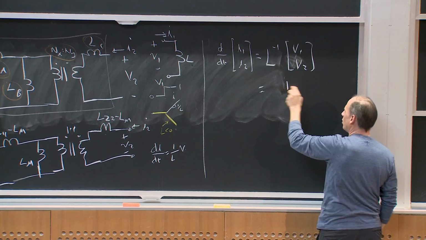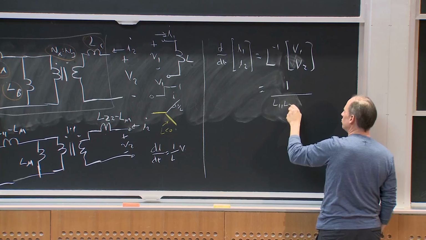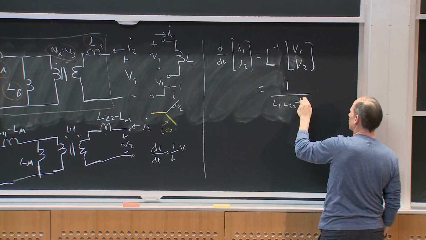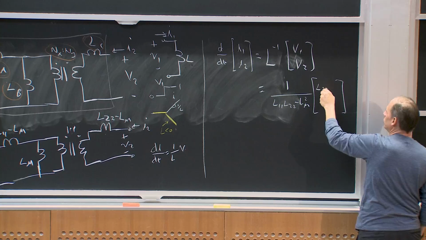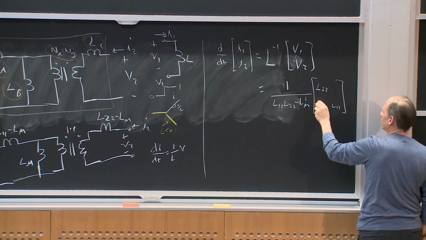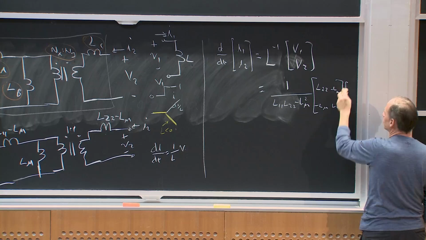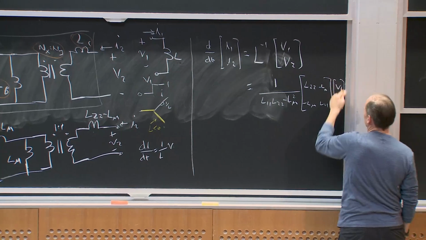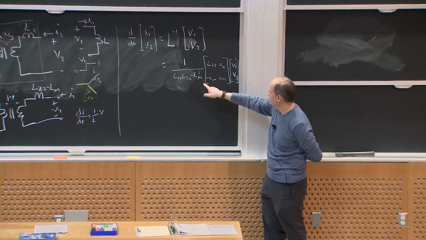So that would be 1 over the determinant, L11 L22 minus Lm quantity squared, times the matrix with L22, L11, and minus Lm, times the vector of voltages, V1, V2. Okay? So this is d/dt of I1 and I2.